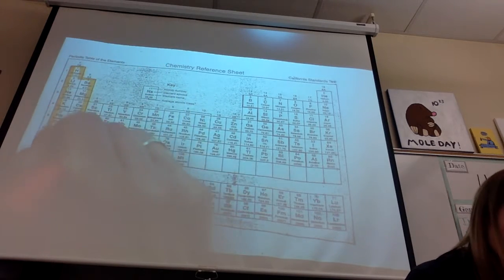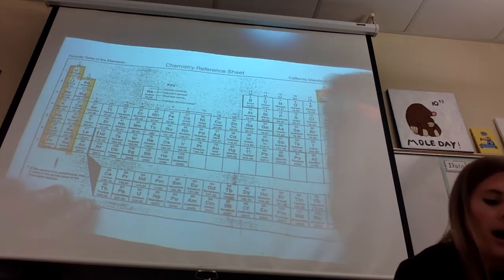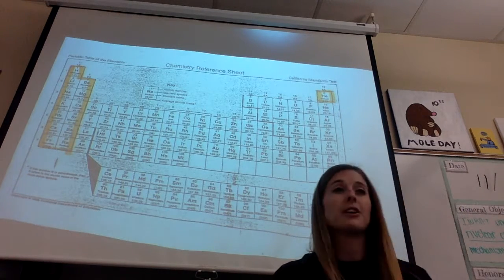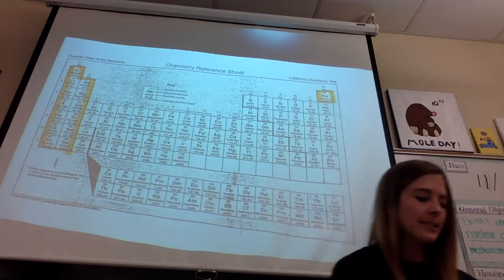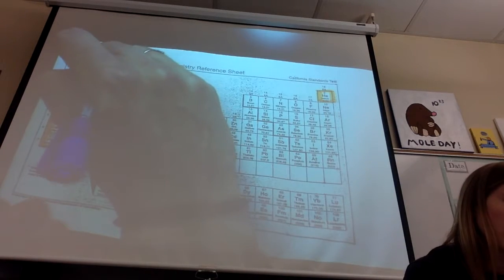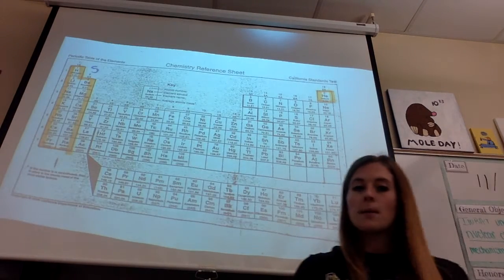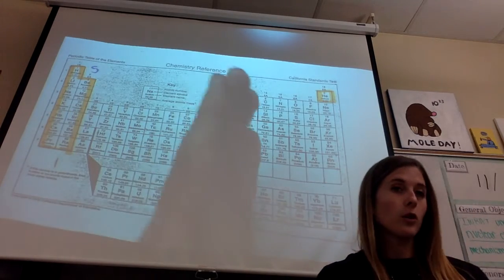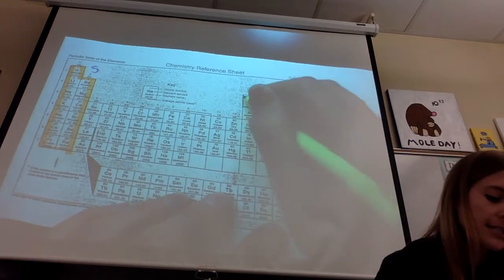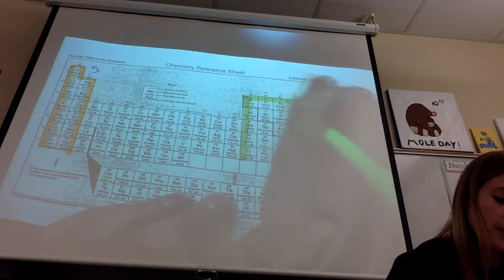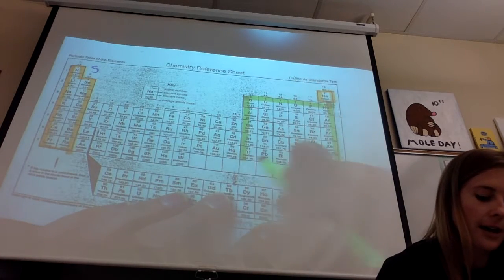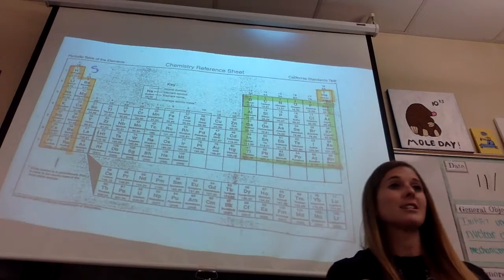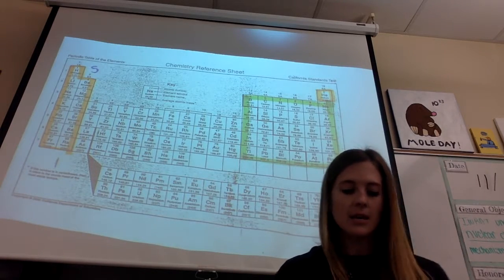All of these elements, including helium, are going to have their last electrons in the S subblock. Then, as you move over here, this entire area of the periodic table is going to have its outside electrons in the P subshell.